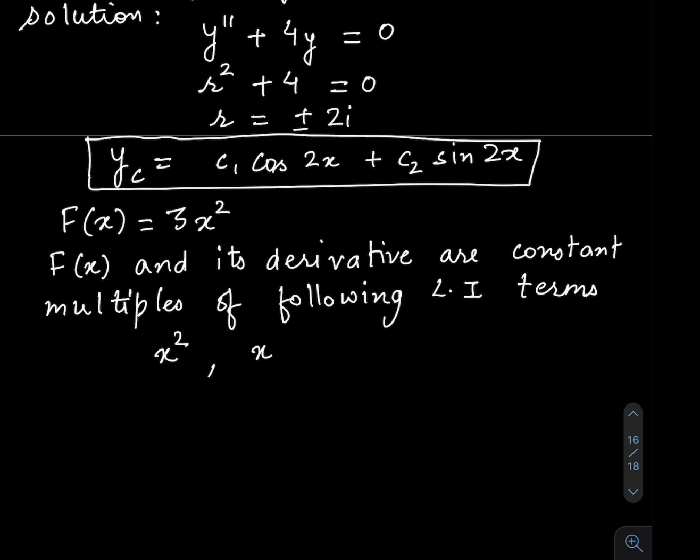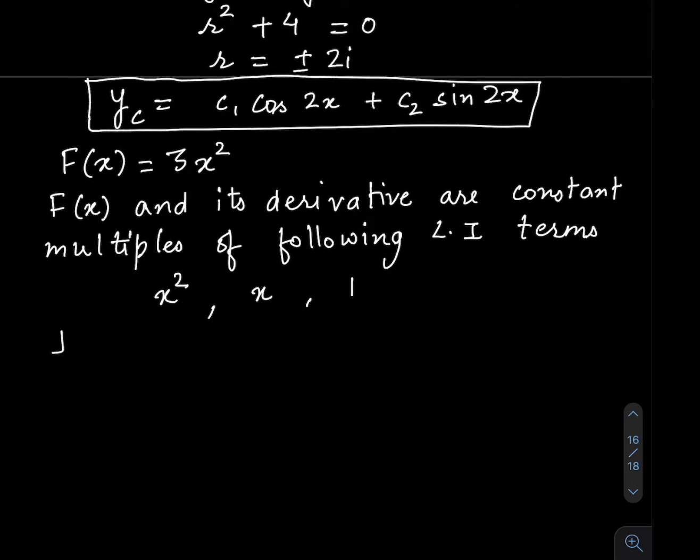So we are not talking about the constant multiple, we will just take x and 1. And none of these appear in y_c. So this is an important point. None of these appear in y_c.